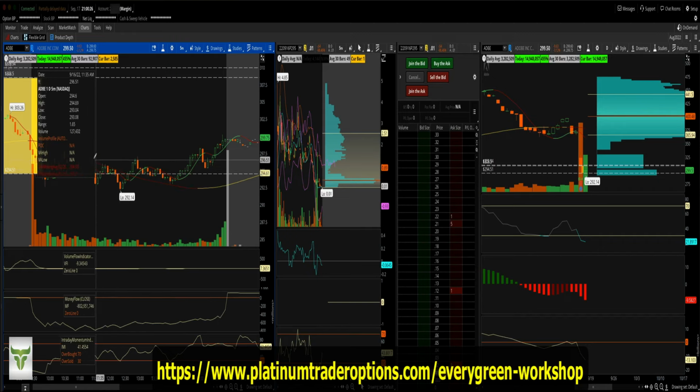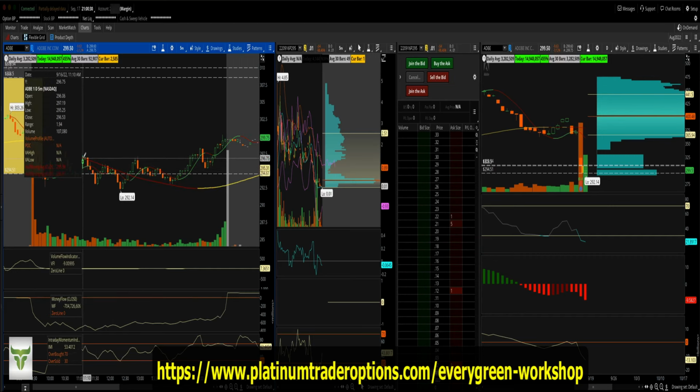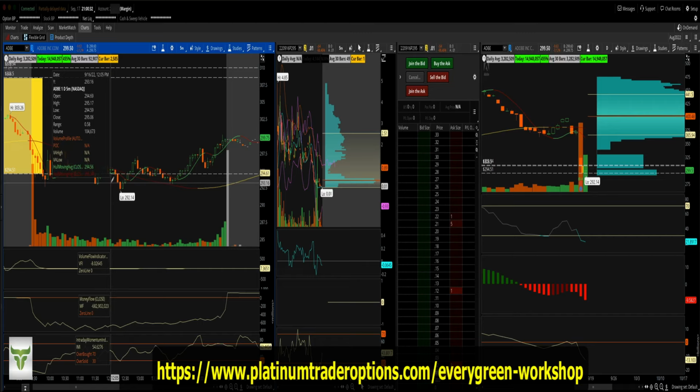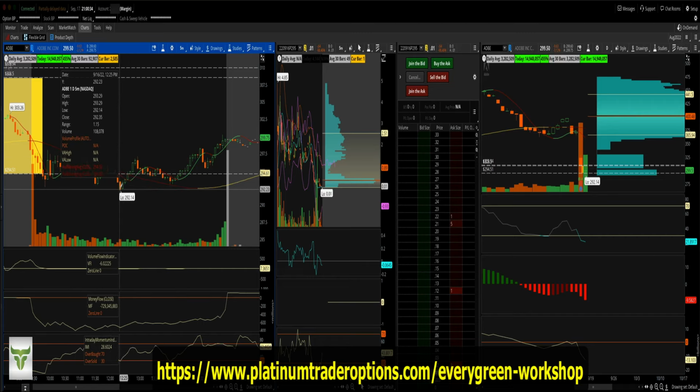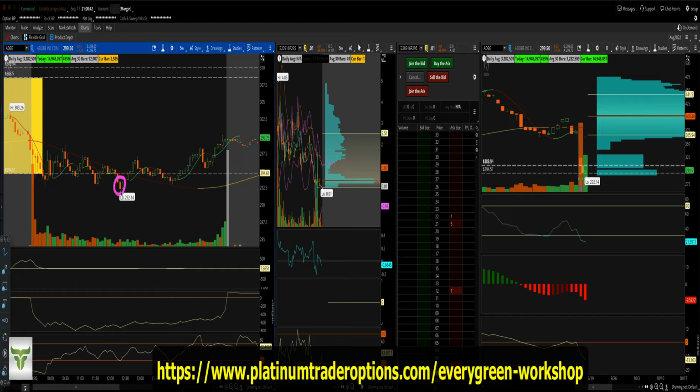So when Adobe hit 292.14, that was the absolute low, and that's going to be the bounce, right? So I want to wait for that bounce to come right back up here. So this is the reversal, because you can see clearly the reversal candle right here, the three white soldiers right there, and then the move to the upside.